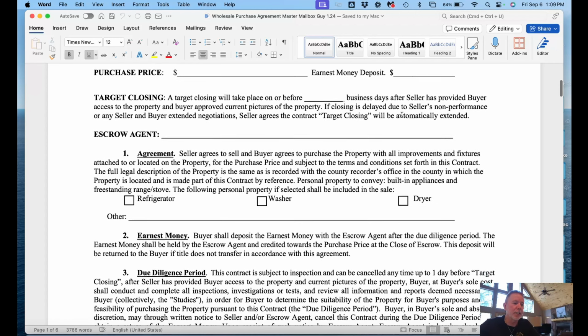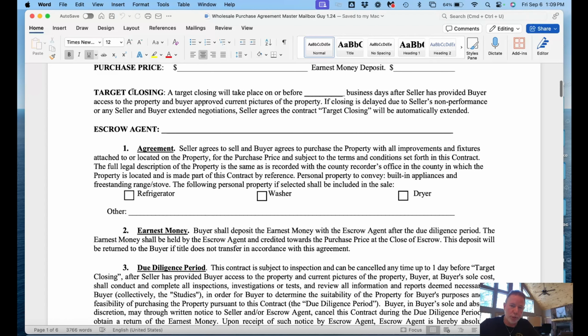The next section is the target closing. We use this in business days. Typically we're looking for a 60 to 90 business day close. We don't put a specific day in there, because we have a clause that says the seller has to give us access and approved current pictures of the property.